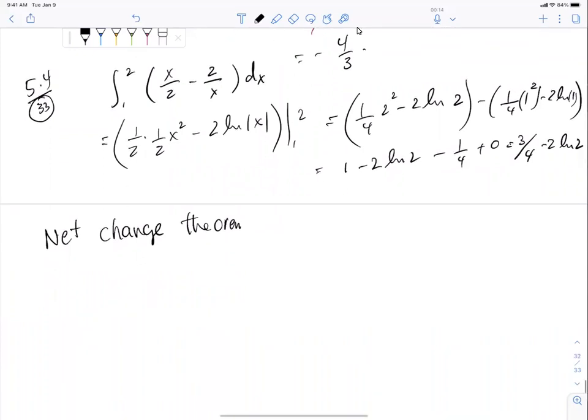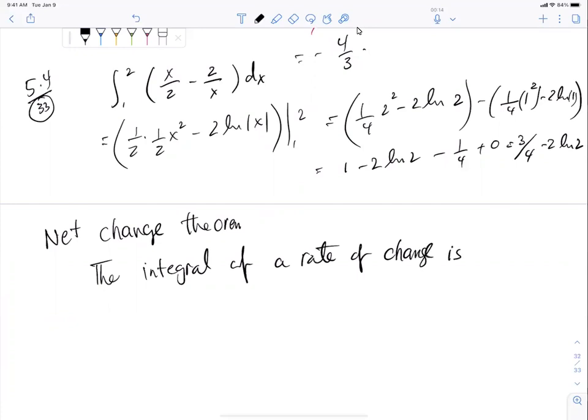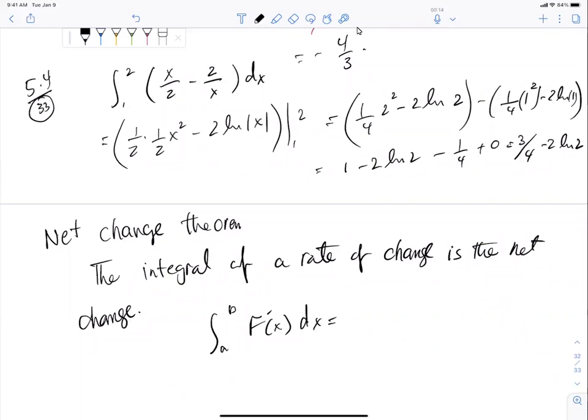So it says the integral of a rate of change is a net change. So the integral from a to b of some function that is the rate of some change. Now, I don't like this notation because it confuses you with the fundamental theorem of calculus, but this one is specifically for a rate function. And then you get F(b) minus F(a), and that's the net change.